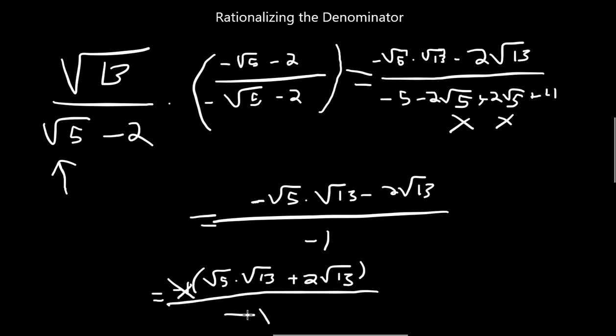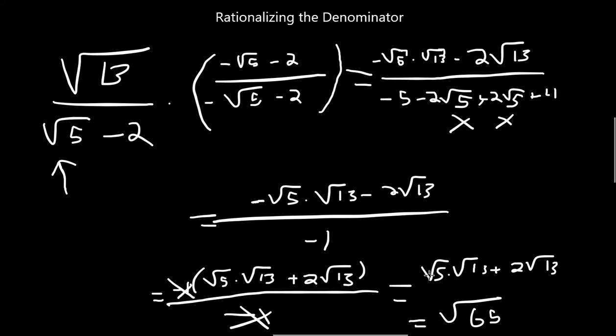So these negative 1's are going to cancel, and I'm going to have square root 5 times square root 13 plus 2 times square root 13, and then I could simplify it with my product rule to do 5 times 13, which is square root 65. And I knew this really quickly because 5 times 10 is 50, and then I have to add 5 times 3, which is 15, so that's 65. And then plus 2 square root 13. And that would be my final answer.